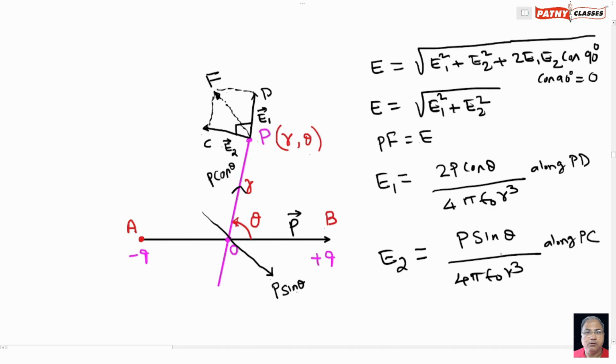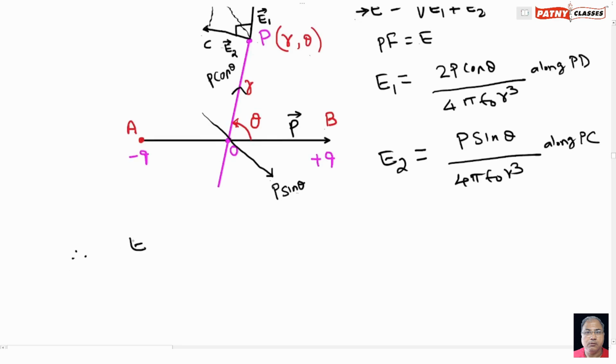These are the well-known formulae for electric field intensity. I have just utilized them. So we got the expression for E1 and the expression for E2. Now we will put both values in this equation.